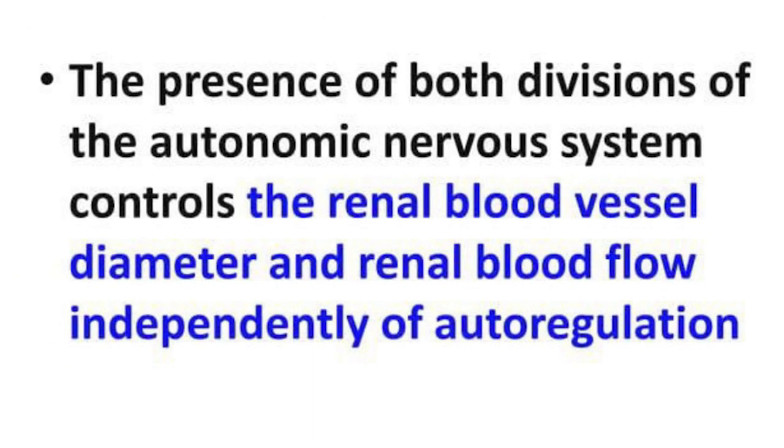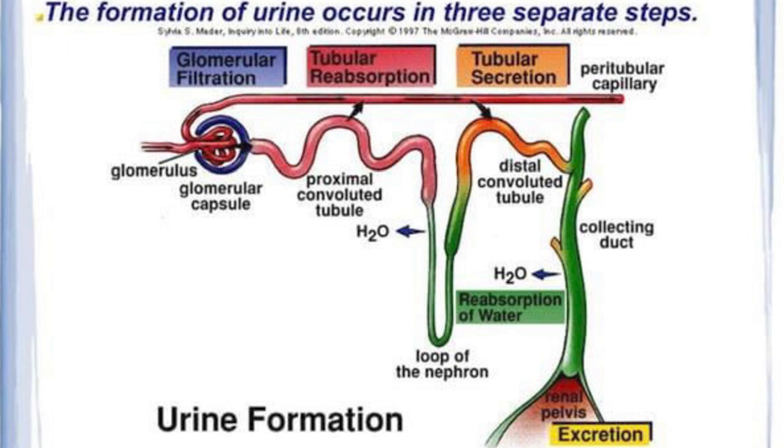Both divisions of the nervous system control the blood vessels and the blood flow in the nephrons. So this is the process for the formation of urine. The urine will be formed only when the 4 processes are completed.